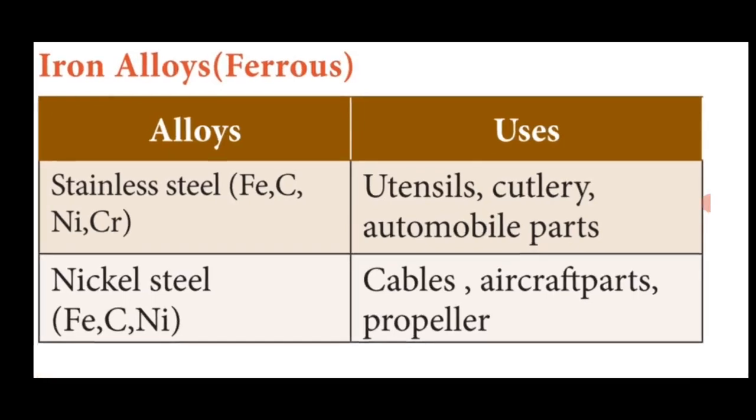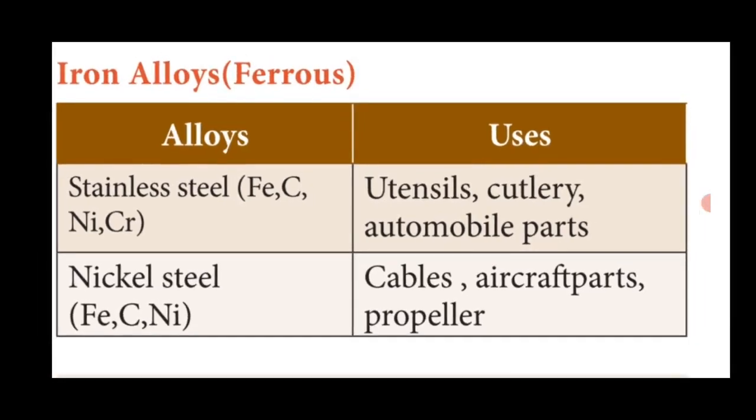Stainless steel is a combination of four elements. What are they? First iron, second carbon, third nickel, fourth chromium. Iron symbol Fe, carbon symbol C, nickel symbol Ni, chromium symbol Cr. Iron, chromium, nickel are metals, carbon is a non-metal.